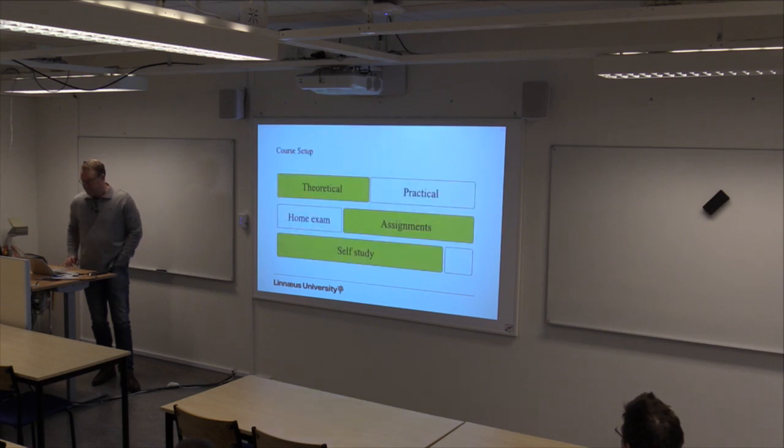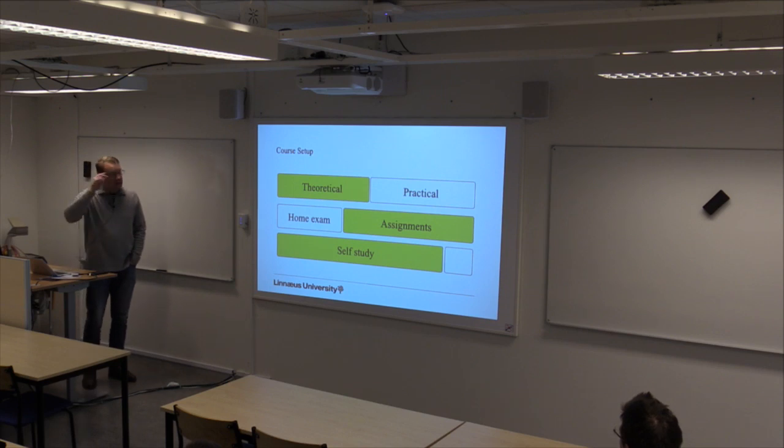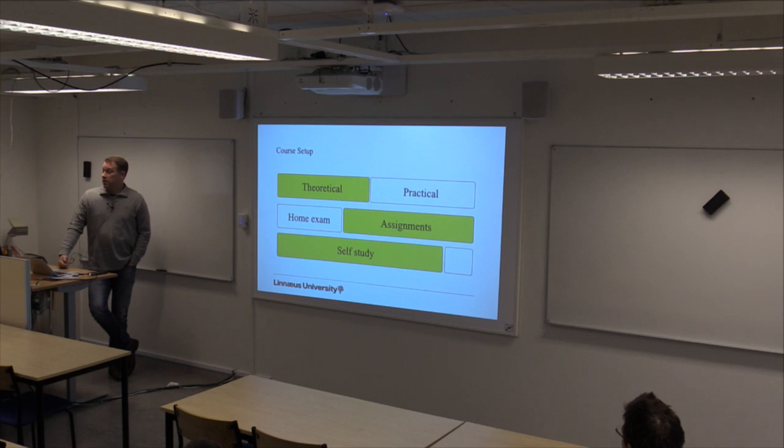So if you look at the setup, it is pretty much a 50-50 division of theoretical and practical. It means that for a 7.5 credit course, your workload is approximately 200 hours.